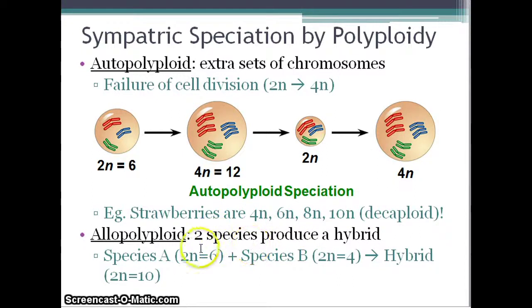Okay, the bottom part. Allopolyploid. Okay, two species produce a hybrid. So species A, fine, has 6 chromosomes. Species B, fine, has 4 chromosomes.